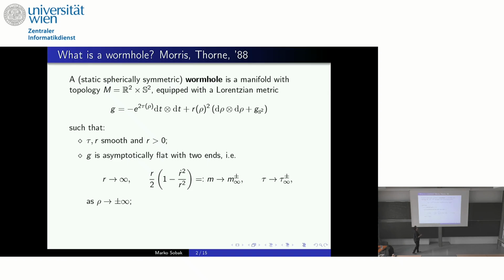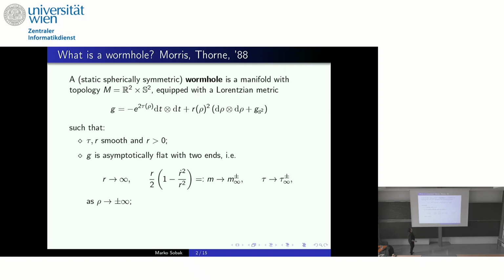And you also want to impose a certain growth rate for it, which is done by requiring that this quantity here, which is the so-called Misner-Sharp mass, or also the Hawking mass, have a finite limit at both infinities. And finally, for the temporal coefficient tau, you also want that to tend to some finite limits at infinity. Ideally, you would want this limit to be 0, right?